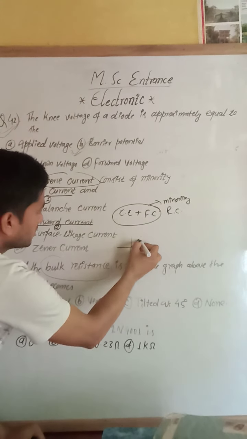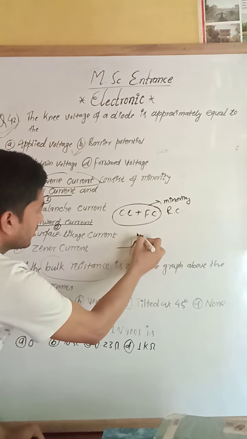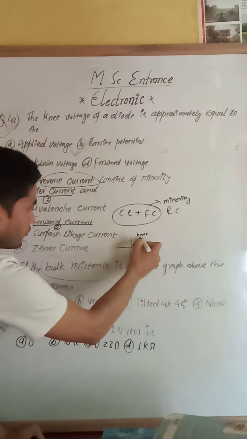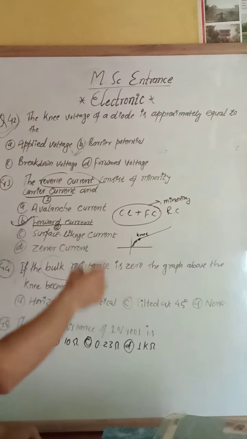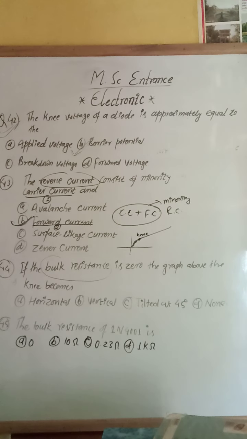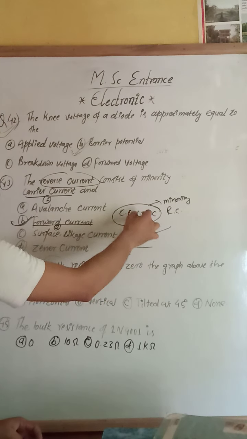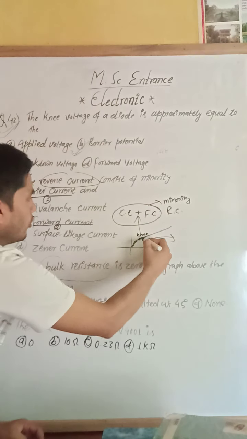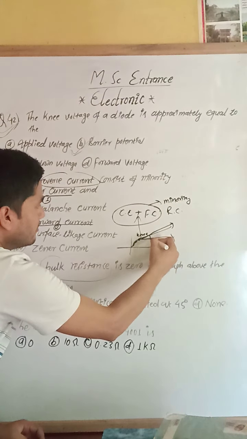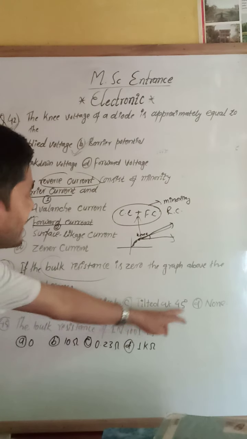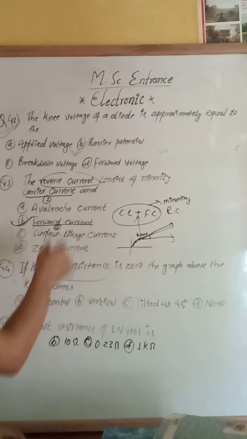Suppose this is our knee point, and from this knee point the graph passes from the initial path by making which angle or orientation? It passes horizontally, or vertically from here, or with the initial path at how many degrees of angle? Tilted at 45 degree, or none of the given options.